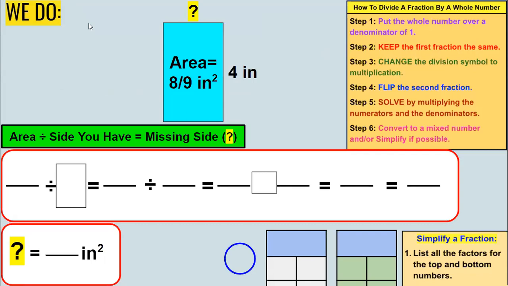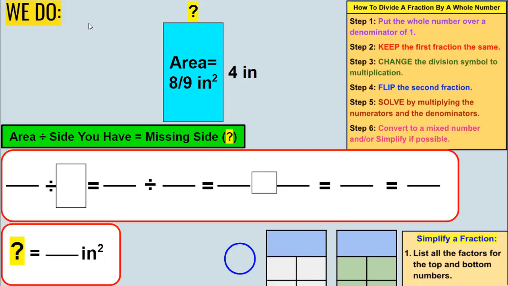So we have an area of 8/9 inches squared. Let me just draw it and then I will show you. 8/9 inches squared, and we have a width of 4 inches.